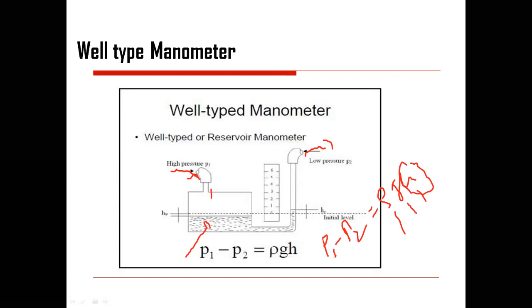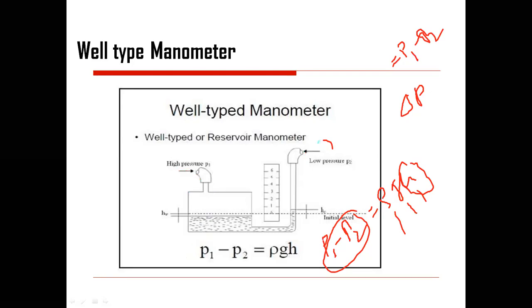Instead of P1 minus P2, you can represent it as delta P, because delta P is nothing but P1 minus P2. So this can also be used for unknown pressure measurement using the well type.